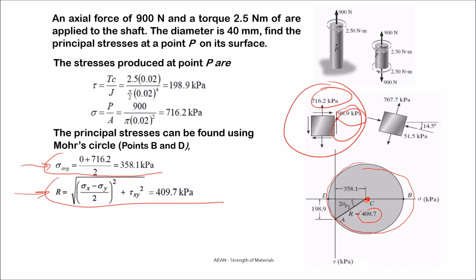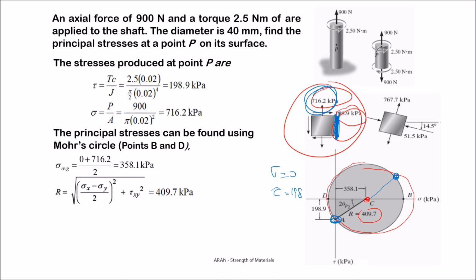Well, let us check first. Well, this plane has sigma equals to 0 and tau equals to 198. Okay, this is this point. And this point is somewhere over here. Okay, so you see this is a valid Mohr circle and I can work on it.